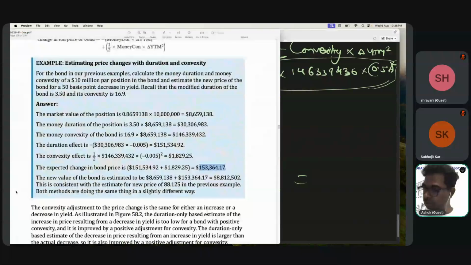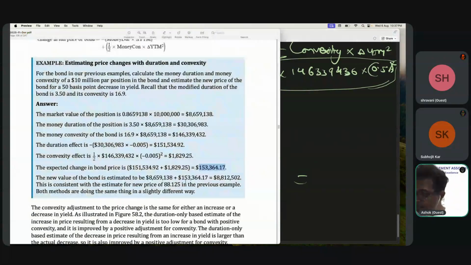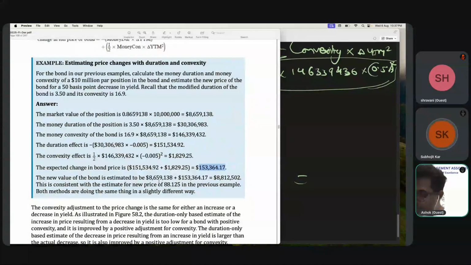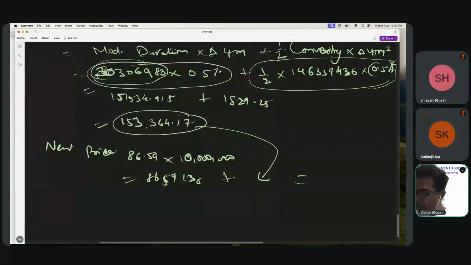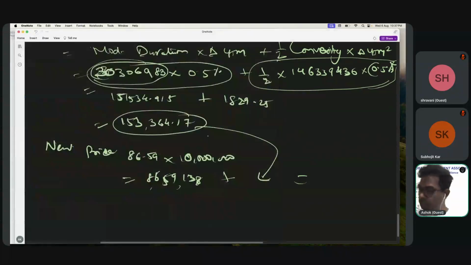So that will give you, no, sorry, not yet. This number is 153,364. So the new price is 8,659,138 plus 153,364.